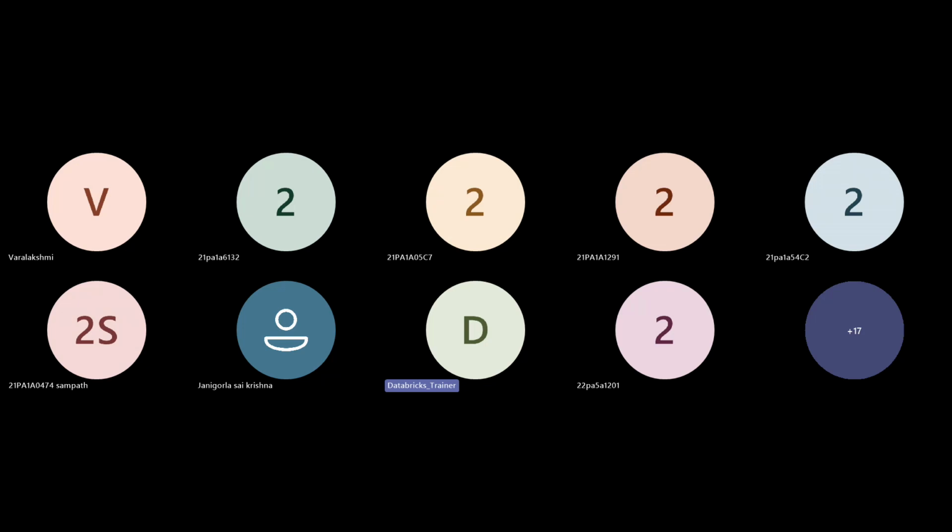But in delta lake, whatever you are creating as a delta table, it will always store in a Parquet file format. And ACID transactions are not there on data lake, and it is there in delta lake. Schema enforcement is not there in data lake, and it is there in delta lake. Cost is lower in data lake and higher in delta lake.